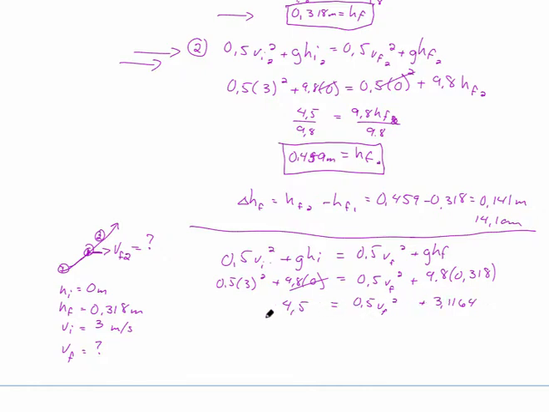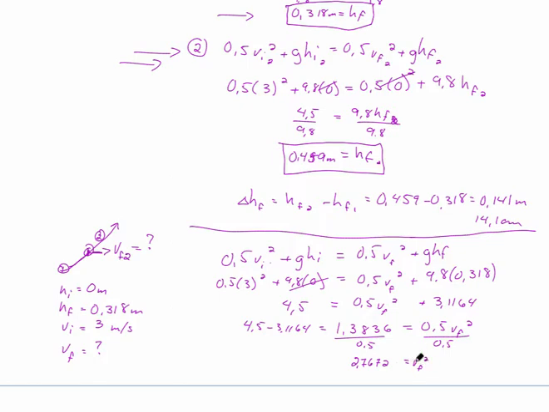So if I subtract 3.1164 from 4.5, that gives me, and I'm going to put it in one line because I think you know how it works, 1.3836. That is still equal to 0.5 times V final squared. So now I need to divide by 0.5 on both sides to isolate my V final squared. And my V final squared is equal to 2.7672.